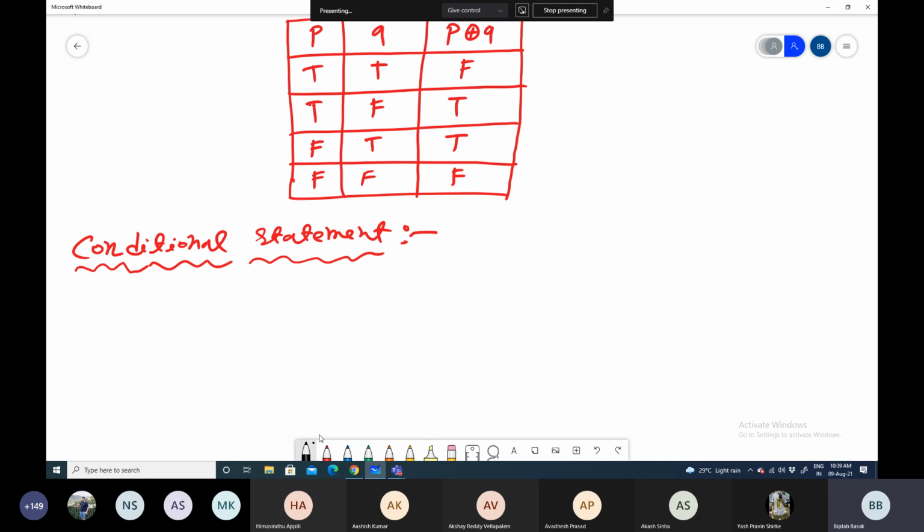Okay, so what is the conditional statement? That is very important. Let P and Q be two propositions.